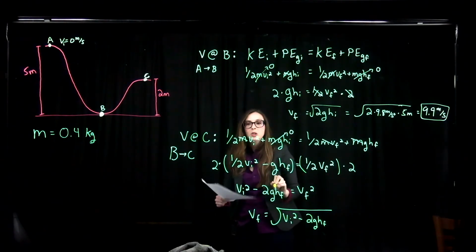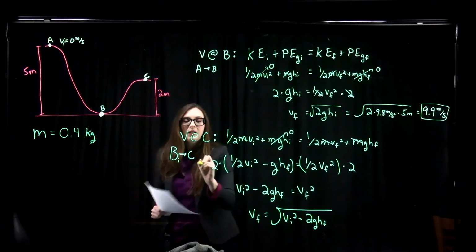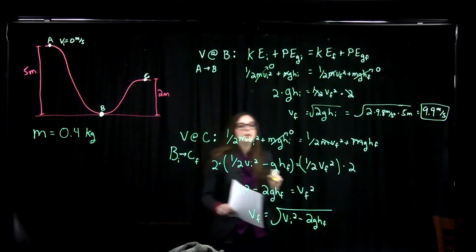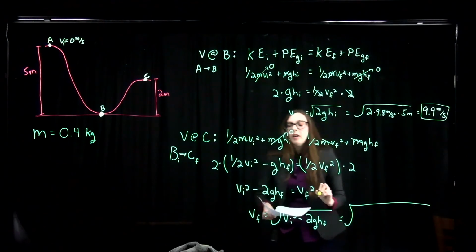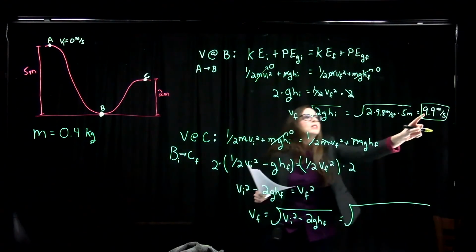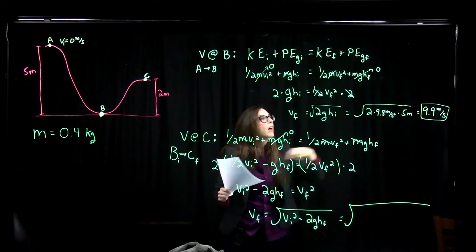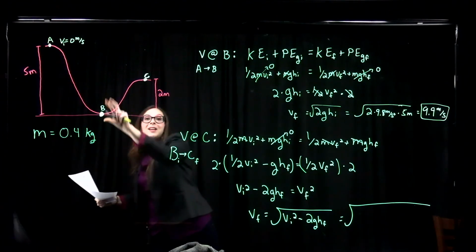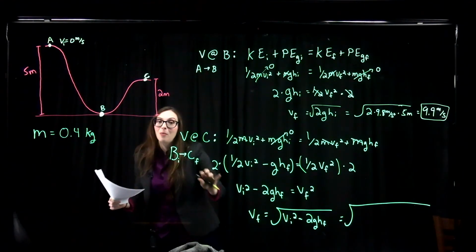And remember, for this problem, B is our initial condition, C is our final position. For our initial velocity at point B, well, we already calculated that. That's the velocity we found from our previous problem. That's the velocity that our ball has at point B, which we're using as our initial condition for this second part of the problem.